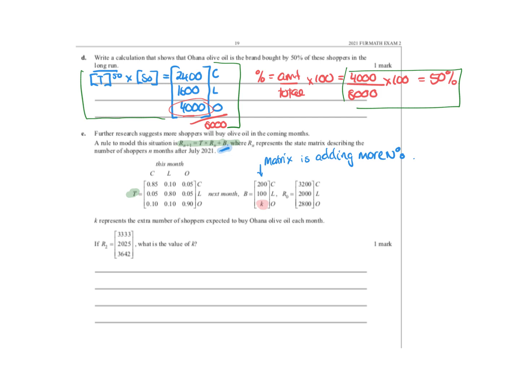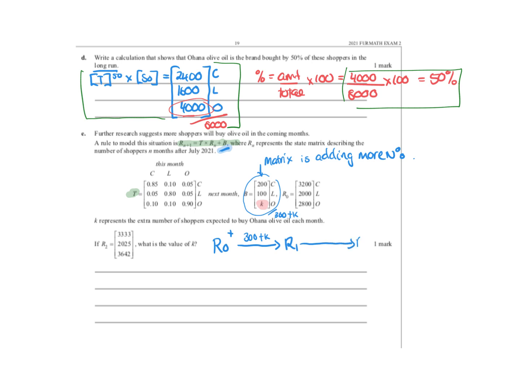If you think about it, when we go from R0 to R1, they all shuffle around, but we're adding all of the numbers in B. So if you total that up, it's pretty much 300 plus the K, which we don't know. So here we're adding 300 plus K extra, and that'll get added into R1.